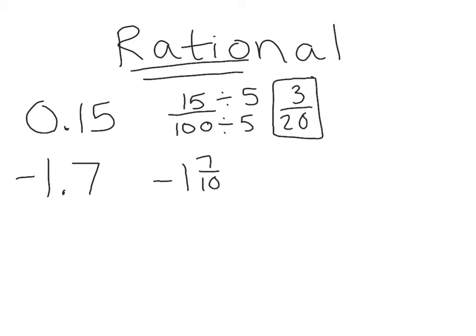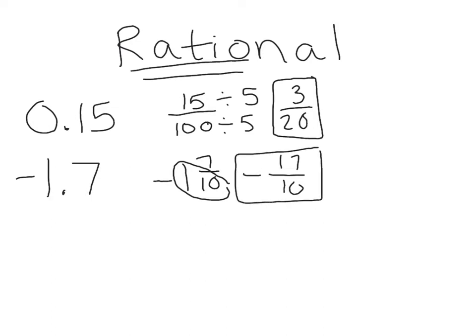So let's make it an improper fraction in order to make this a ratio of two numbers. We have one group of the 10 pieces, so we do 1 times 10, and then we add the 7 in to get 17 tenths. And it is a negative 17 tenths. So we wrote our negative 1.7 as a ratio of two numbers.